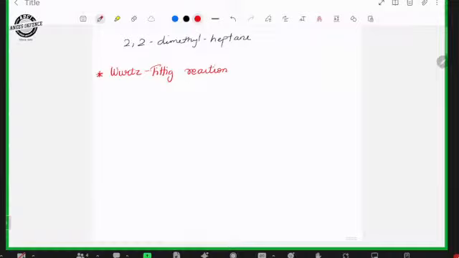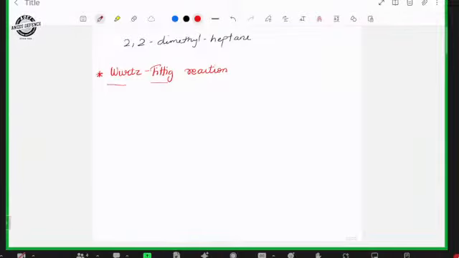When you look into this reaction, there are two parts, that is Wurtz and Fittig. Again, this is a coupling reaction only. We are just going to join two molecules to form one molecule, right? So in this, there is Wurtz and there is Fittig.